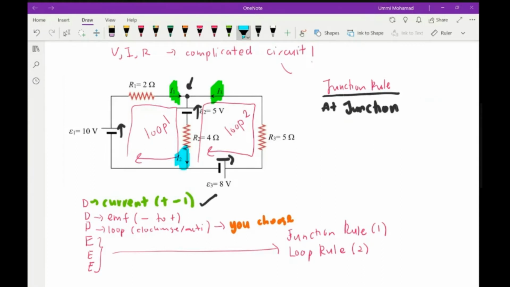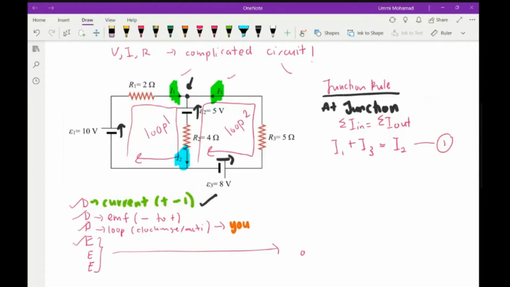So our equation is summation of I in is equal to summation of I out. The total current in is I1 and I3, so I1 plus I3 is equal to I2. This is our first equation. Now we have got our first equation, three directions done. Next, we want to get the equations for loop 1 and loop 2.